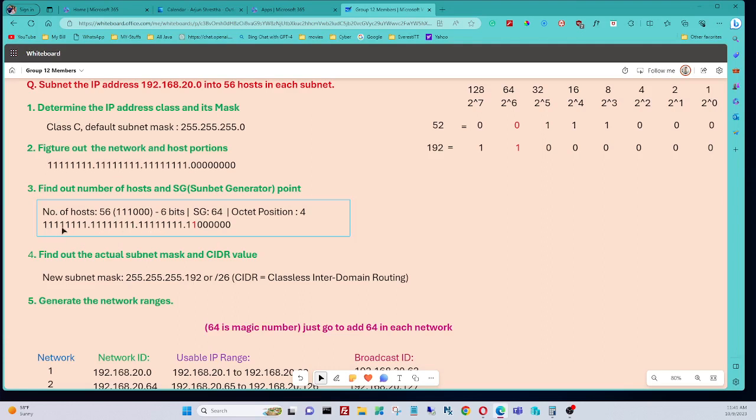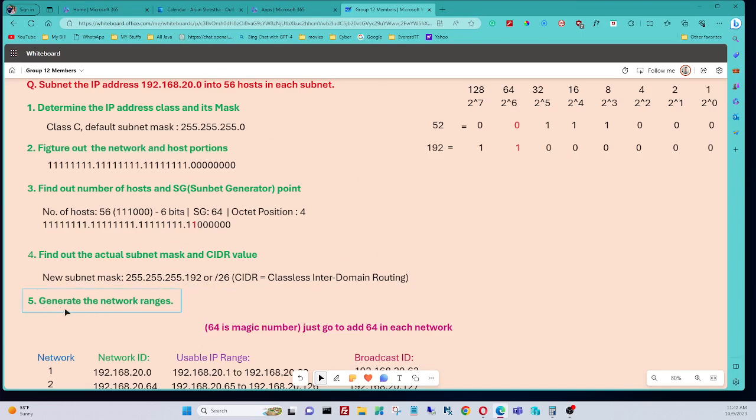This is 8, 16, this is 24, and this is 25, this is 26. That's why I wrote CIDR 26. That's it. From these IPs and this host, you have to put this mask and this CIDR. Now we finish this.